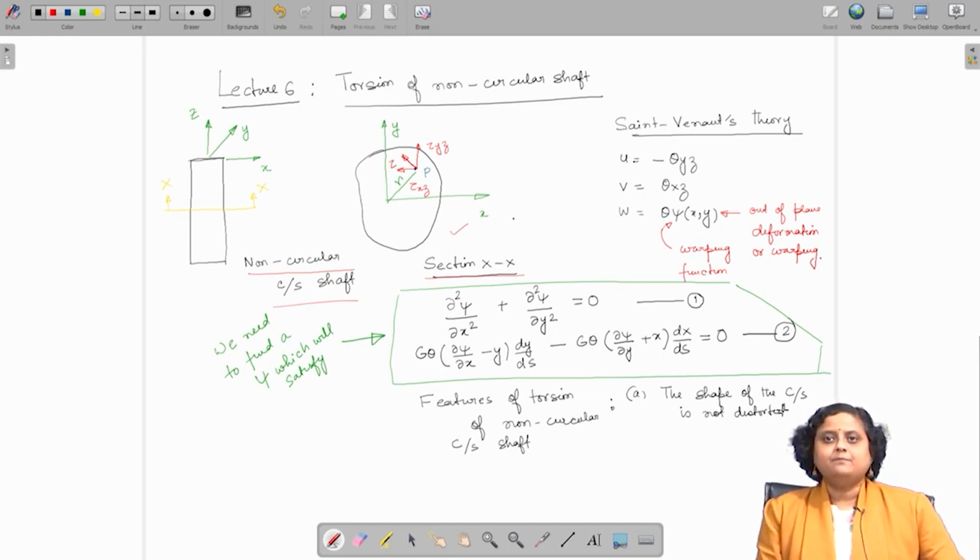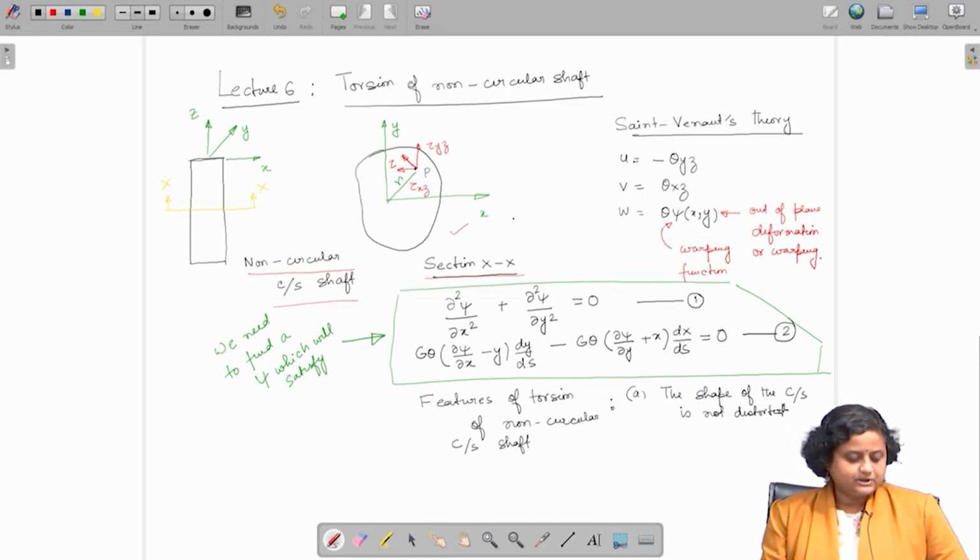So, the shape of the cross section of the shaft is not distorted. Similar to circular cross section shaft, here also the in plane shape of the cross section is not distorted.